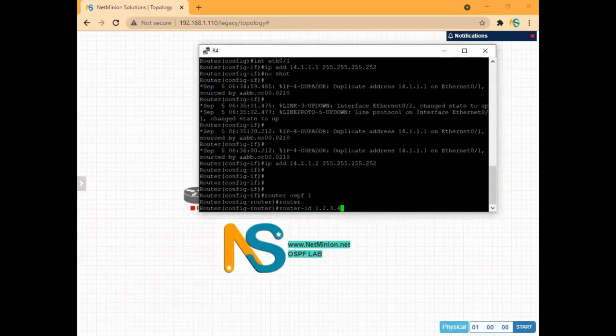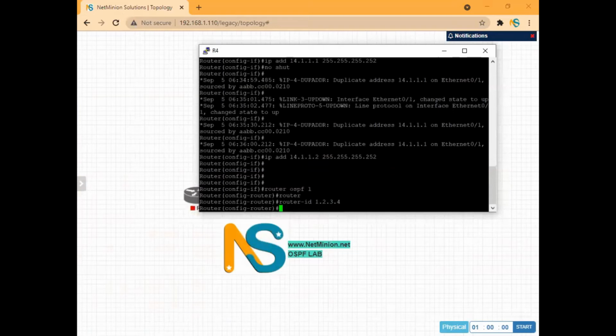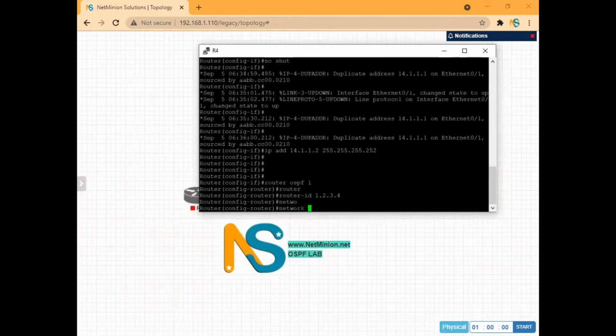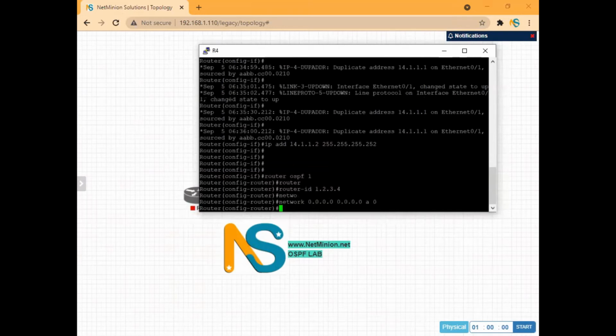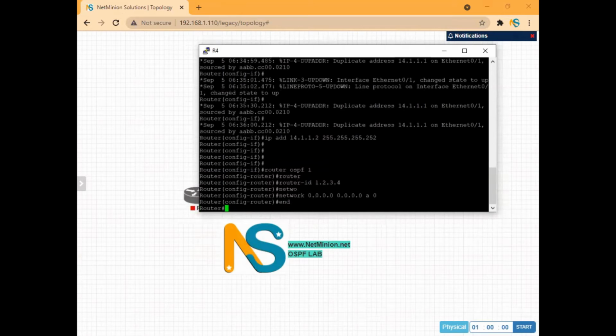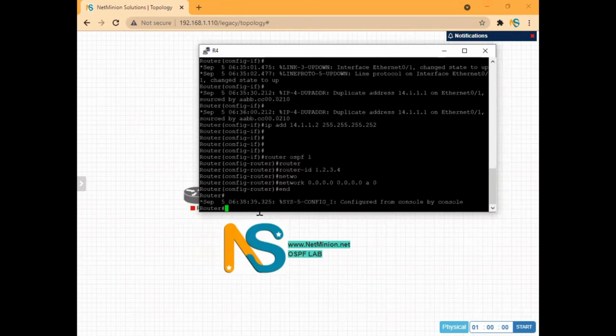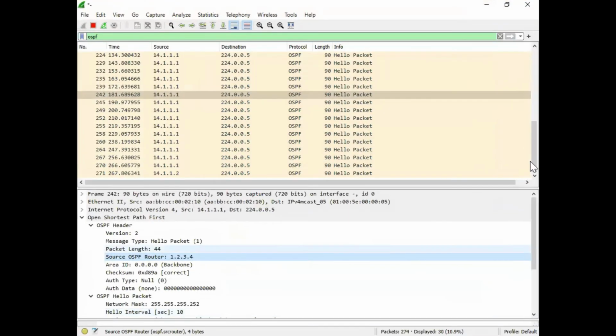Now I am configuring 1.2.3.4, hitting enter. Before that, I need to do 0.0.0.0, area 0. Let me just stop it, wait for some time, and see what happened. And let me check this one also.